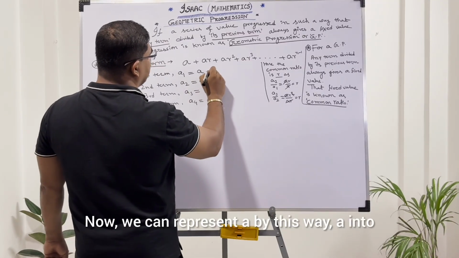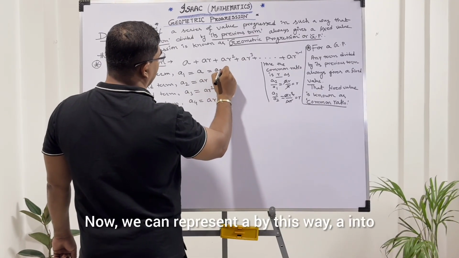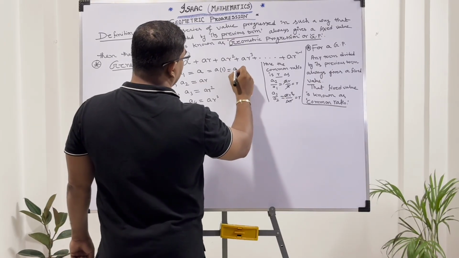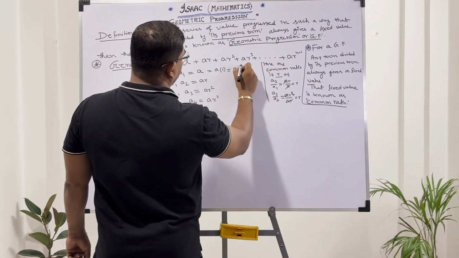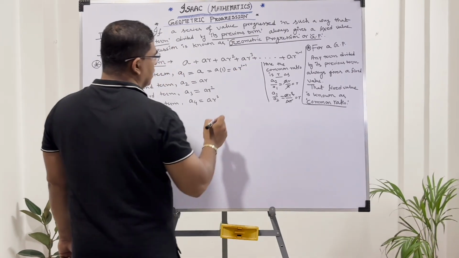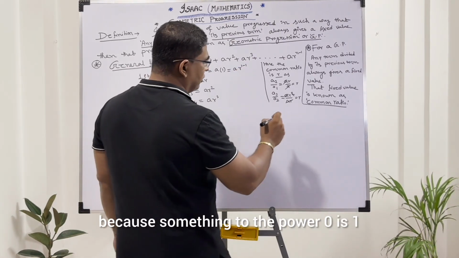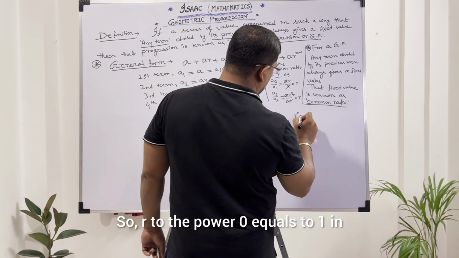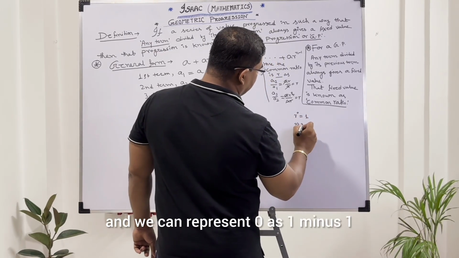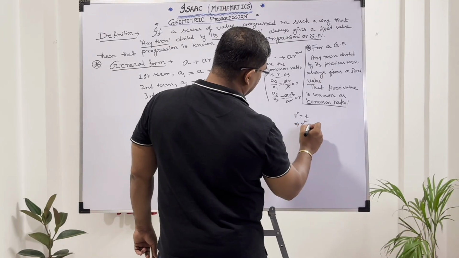Now we can represent A in this way, A into 1. We can represent 1 as R to the power of 1 minus 1, because something to the power 0 is 1. So R to the power 0 equals 1, and we can represent 0 as 1 minus 1.